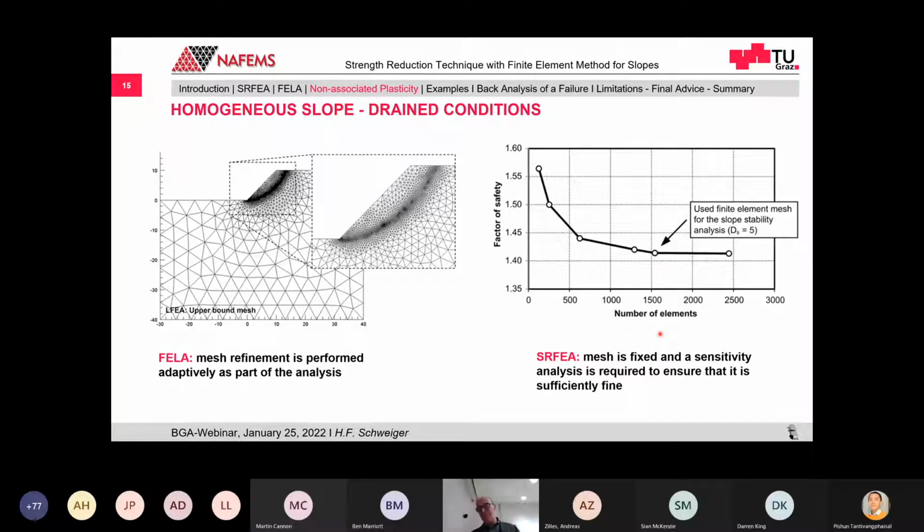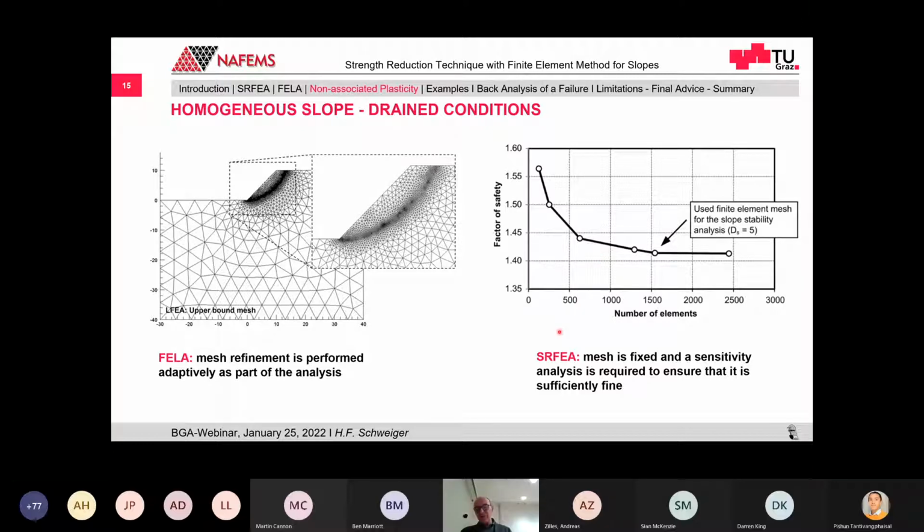If you use a very high order element, you can use fewer, but if you have only a quadratic element, then you need more elements. The important thing here is that if you are too coarse, then your factor of safety goes up. That means you are on the unsafe side.